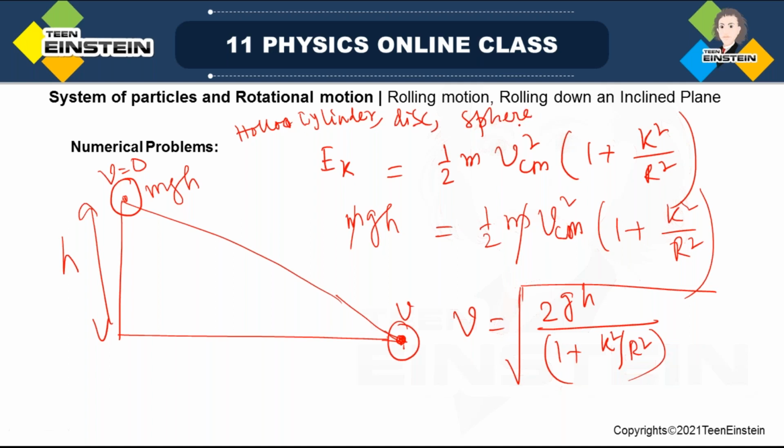All types of rigid bodies will be given, and they are rolled down this inclined plane. So which one will come down faster? From here you can find out that it depends on this particular factor alone, the radius as well as k, the radius of gyration.